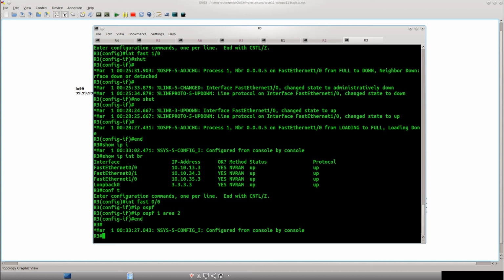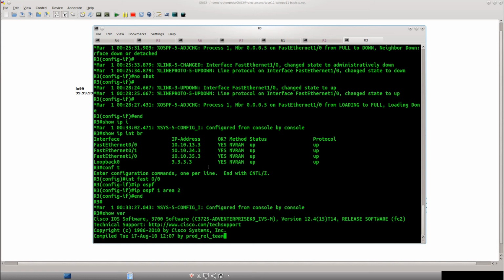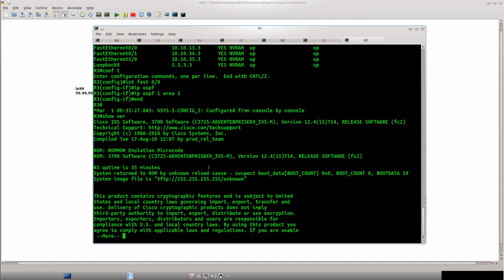Okay. So, exit out of there and show version. What's your version number there? 12.4T.